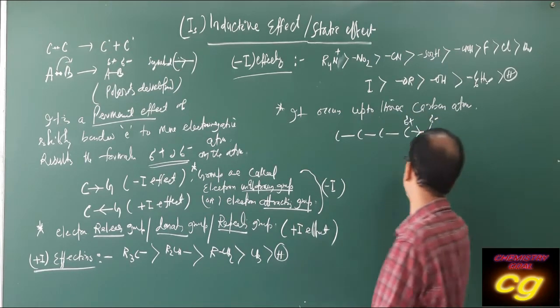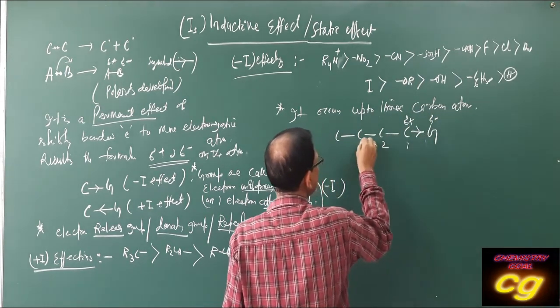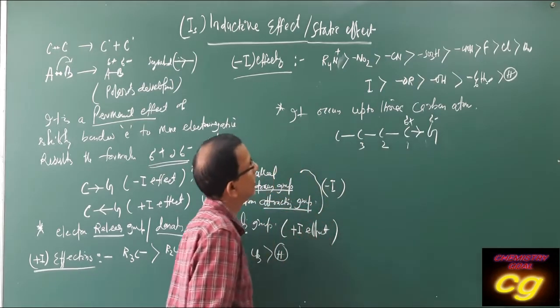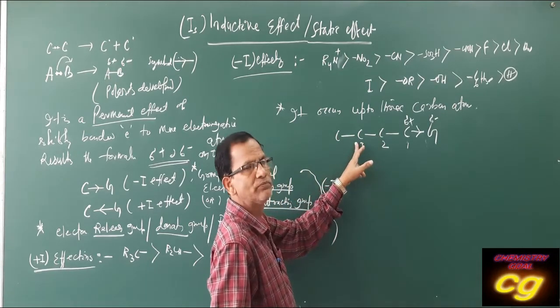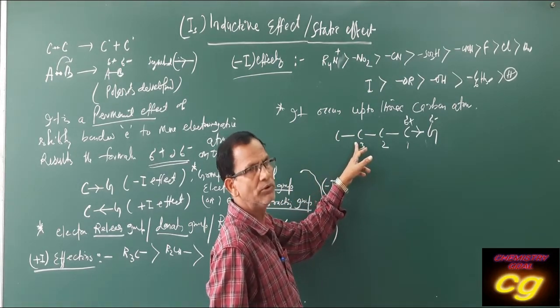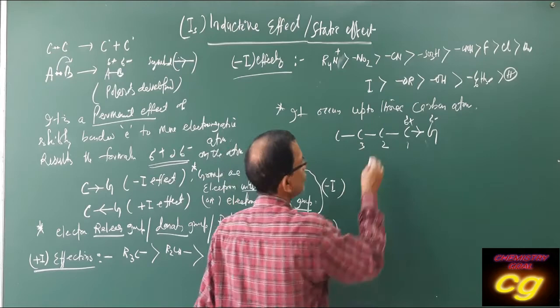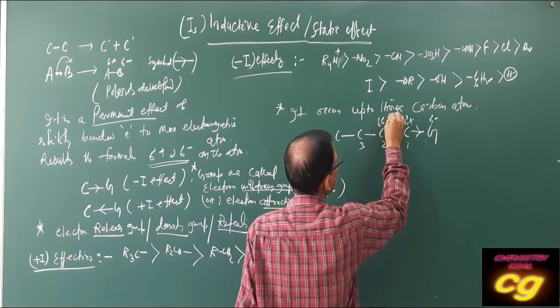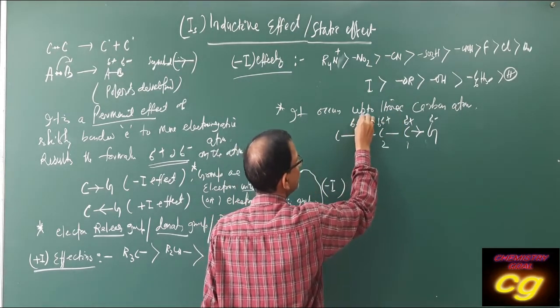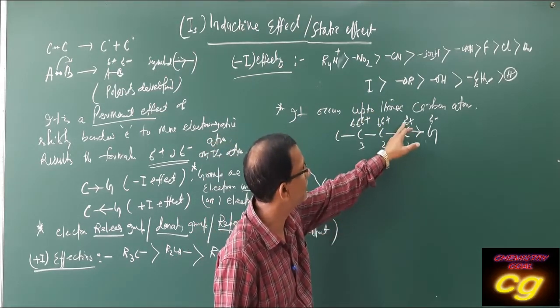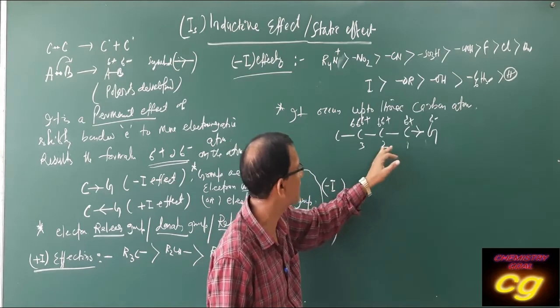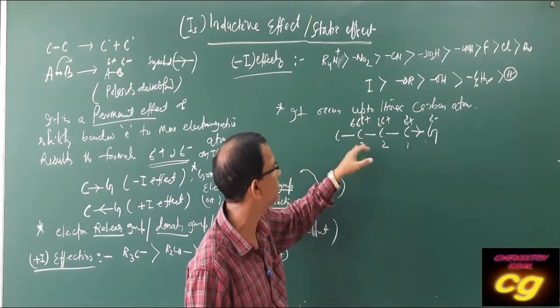This is the first carbon, this is the second carbon, this is the third carbon. It is observed up to the third carbon; the effect is visible. So the first carbon is delta plus, the second is double delta plus, and the third is triple delta plus.